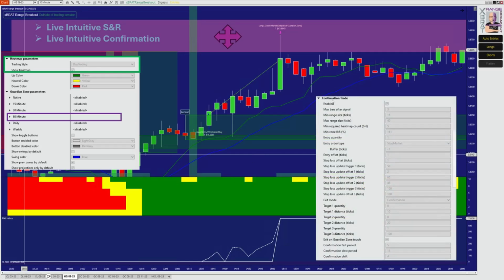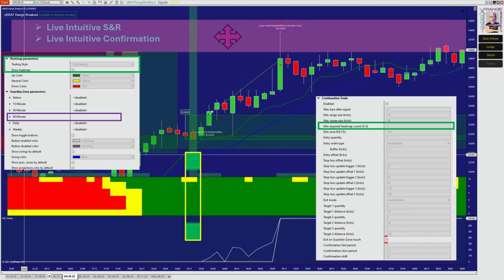Furthermore, this continuation trade module is optimized; there are 4 different modules within the Range Breakout. On the required heat map, it needs to be 5 out of 6. You can see on the heat map where the order candle is, the vertical green line here, we are 5 out of 6 on the heat map.